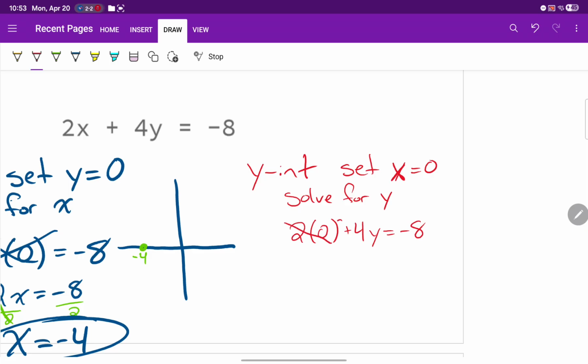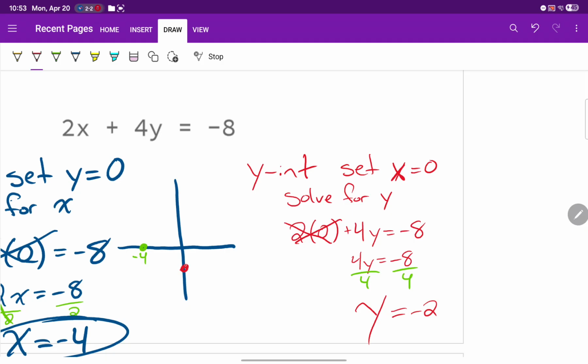That goes away. I have 4y equals negative 8. I'm going to divide both sides by 4. And when I do that, I get y equal to negative 2. And so a y-intercept of negative 2 would be roughly down here.